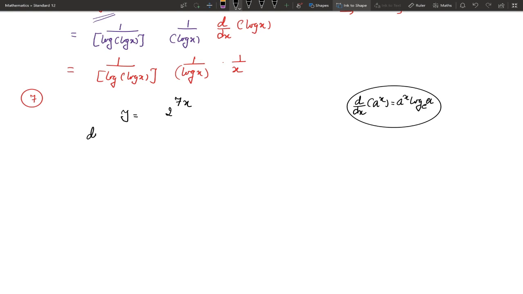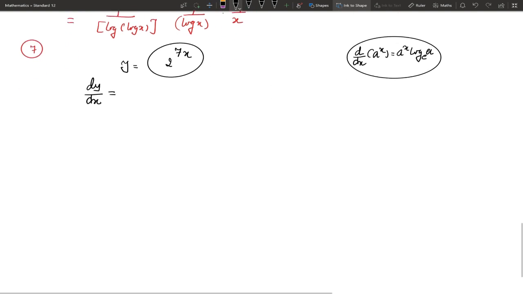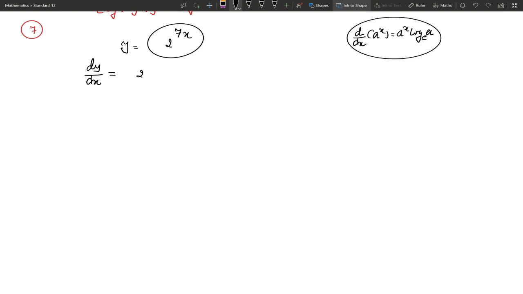So if we differentiate this thing, dy by dx, first use a raised to x form. So a raised to x into log a. So this is 2 raised to 7x into log 2 to the base e.